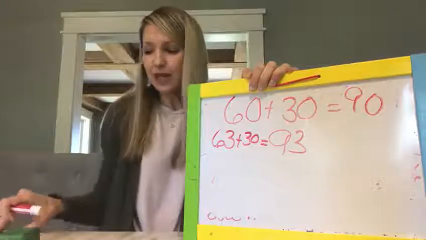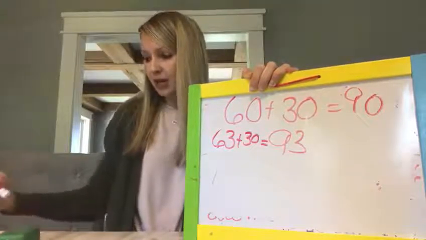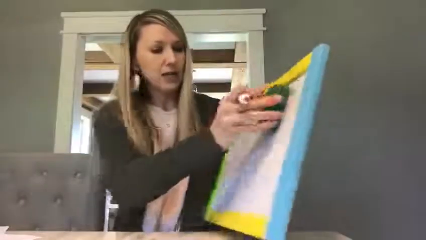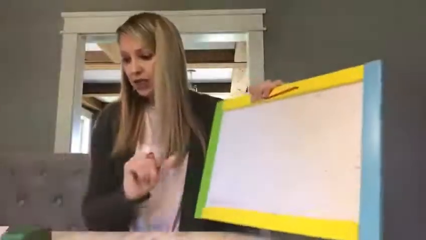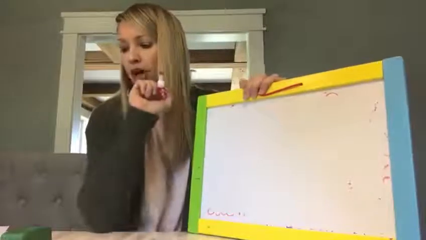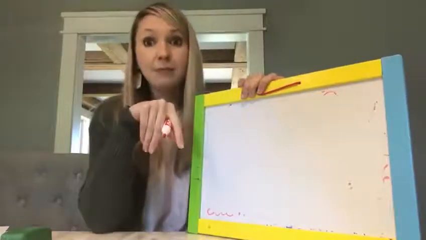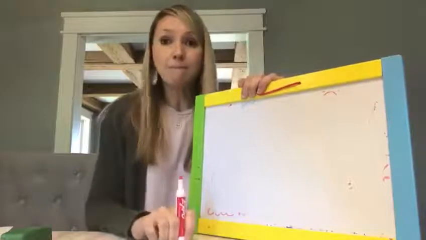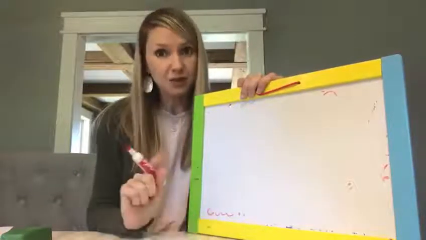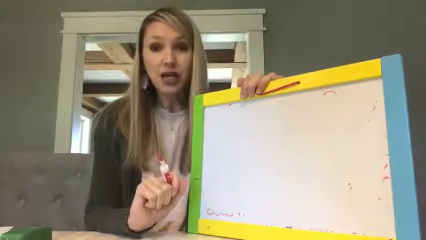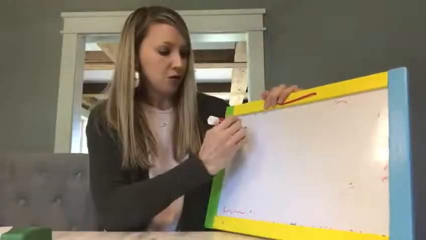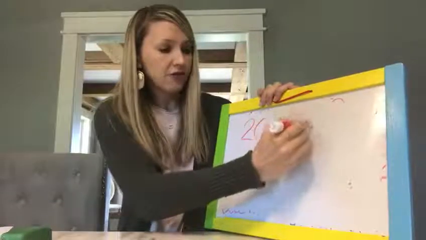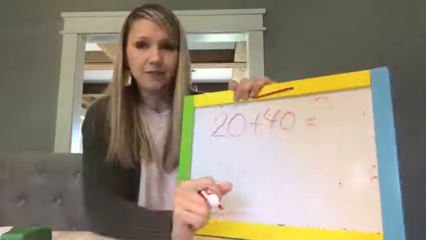Okay? I said that we only had one problem left, but let's try another one because I think we have a few more minutes. Let's see if you can guess my number. My number is 20 more than 40. That one's pretty easy. So my problem would say 20 more than 40 is how I could write that.